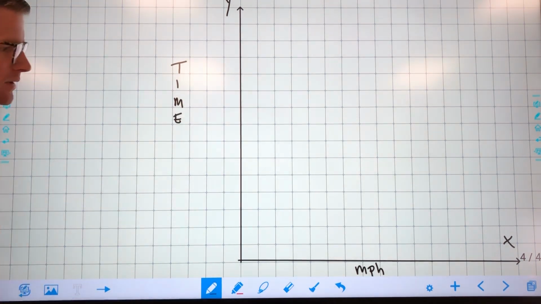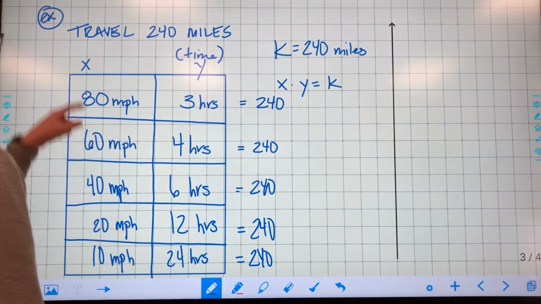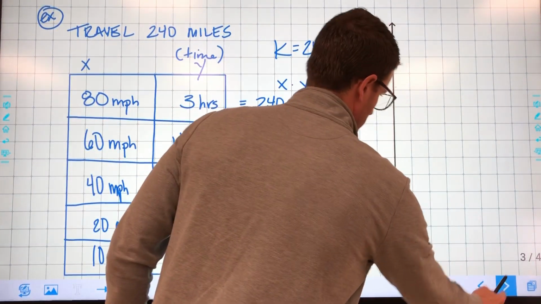If I'm driving 80 miles per hour, it takes me 3 hours.